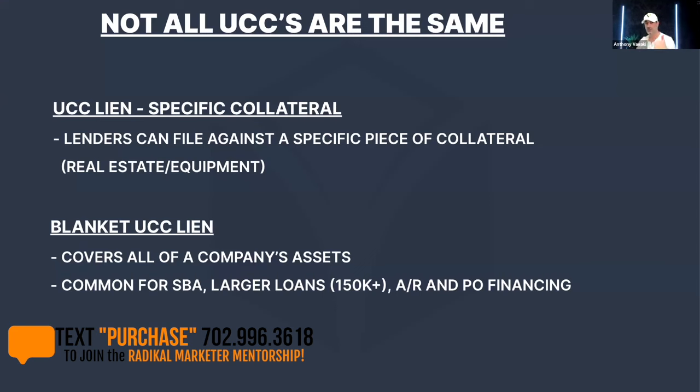Accounts receivable factoring, purchase order factoring. These are all different types of lenders or loan programs that will cover the entire assets of your company. So it's going to prohibit you from getting more by having those. That's why I'm a firm believer in going maybe a little bit less, but then I can go in quantity to do that. 100%.